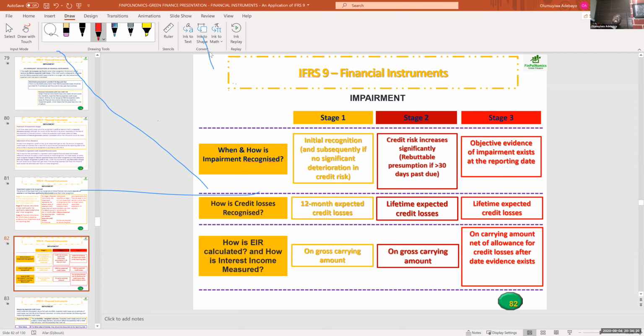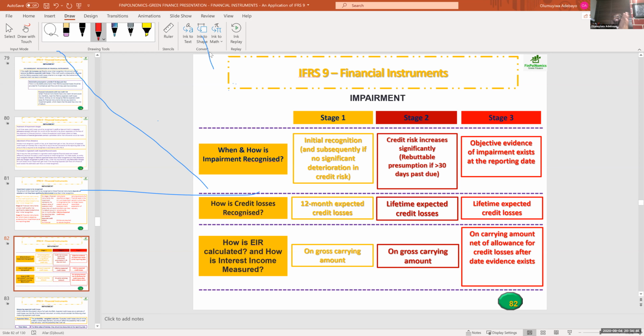And what it then means is that stages 1, 2, 3 are not necessarily transitory. What it means is that it's not conventional to say I must move from stage 1 to stage 2, and from stage 2 I move to stage 3. No. A financial asset can move from stage 1 directly to stage 3.